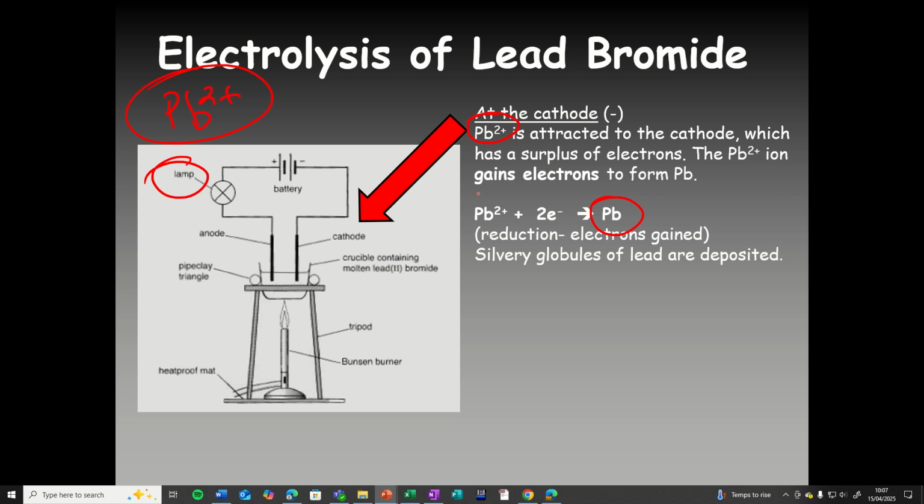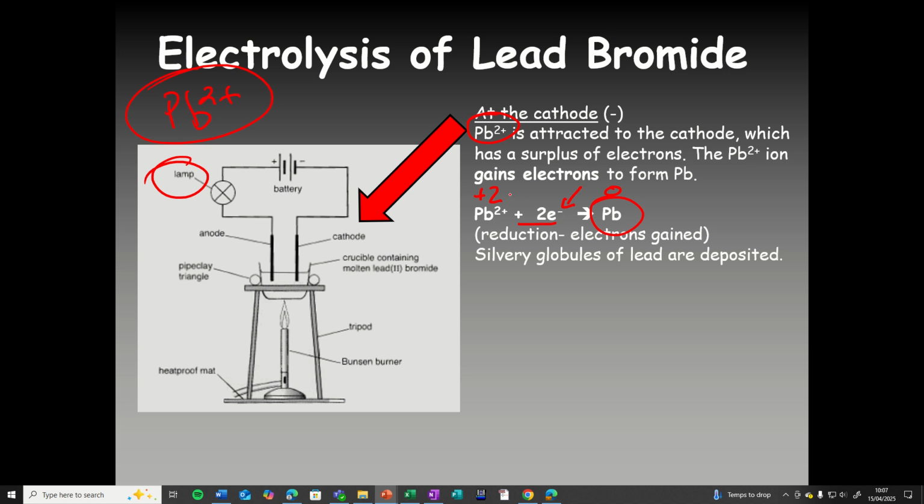So my lead ions are 2+, and my lead on the right hand side has no charge. So if I ignore my electrons for a second, I have 2+ on the left and I have 0 on the right. I have to have those two charges balanced, but I can only balance them with electrons, and each electron has a -1 charge, remember? So therefore I need to add 2 -1 charges to the left hand side, or in other words 2 electrons.